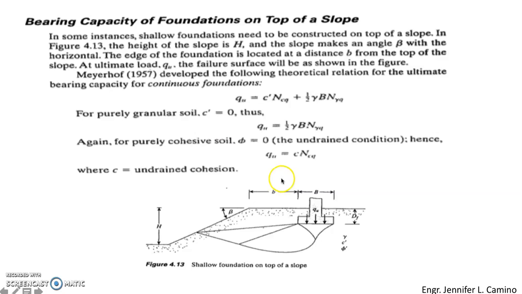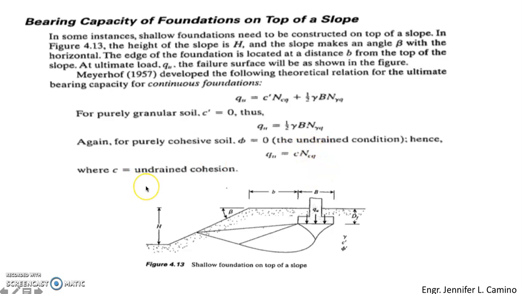So basically, based on Meyerhof, the theoretical relation of the ultimate bearing capacity for continuous foundation is given by this equation. For purely granular soil, when c prime is equal to 0, we have this formula. However, if that is purely cohesive, when phi is equal to 0, that is an undrained condition, so we can make use of this equation.